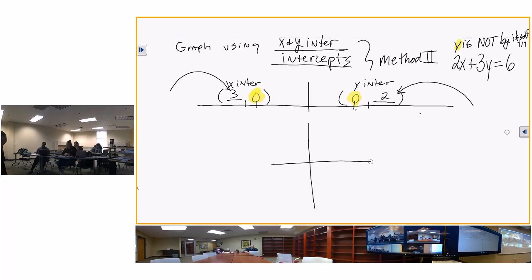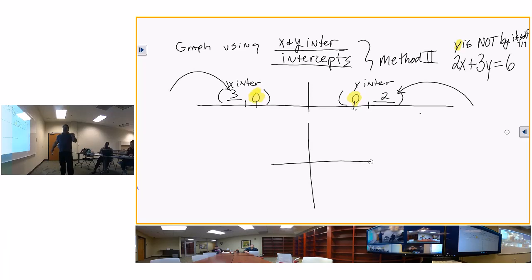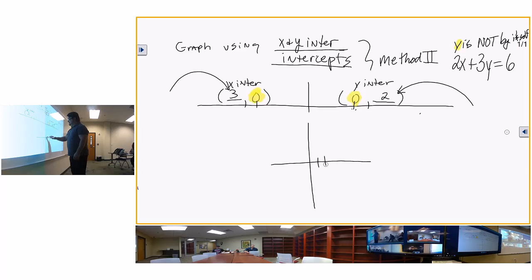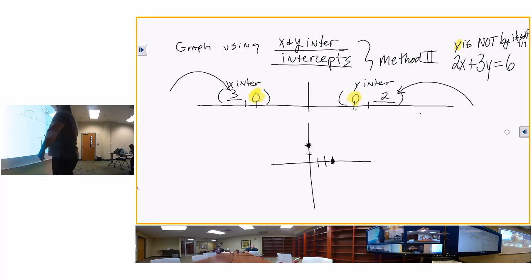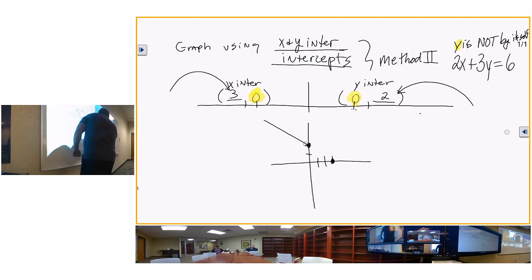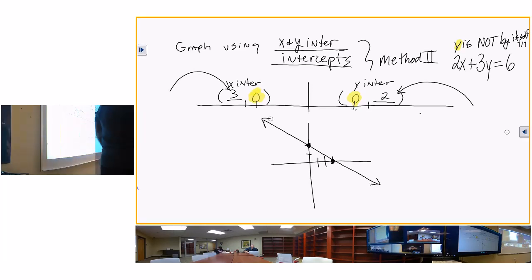All right, so the x-intercept goes on the what axis? The x-axis. The y-intercept goes on the y-axis. Now, there is a way to check because you don't have 5 points. Does anybody know the best way to check on the intercept method?